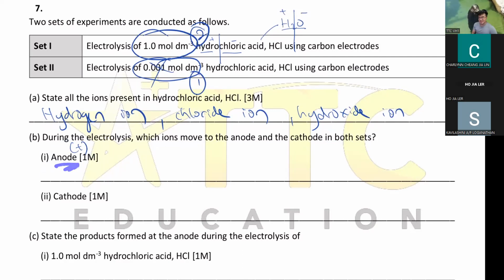The girls, right? Positive, negative, negative. Not hydrogen, it should be hydroxide. Hydroxide ion and your chloride ion.